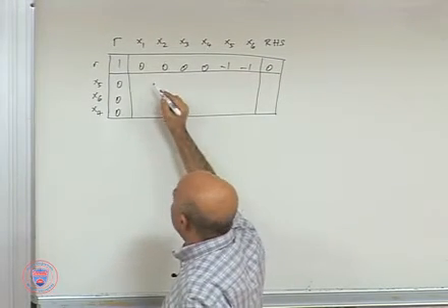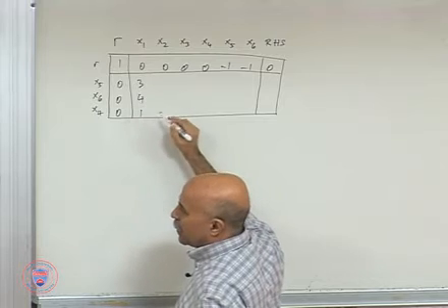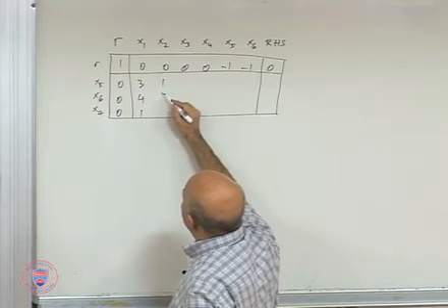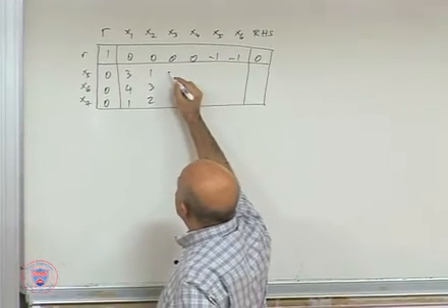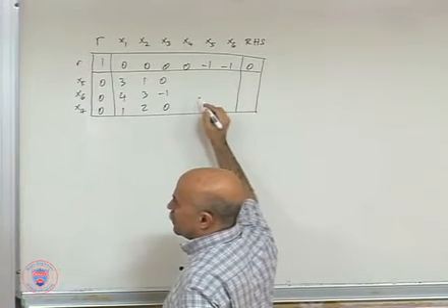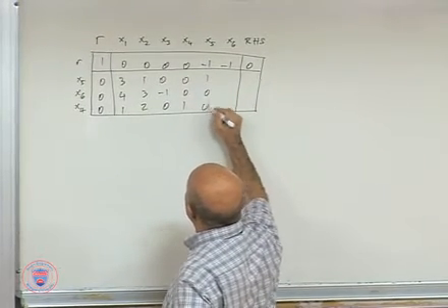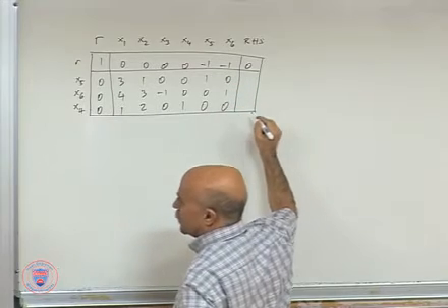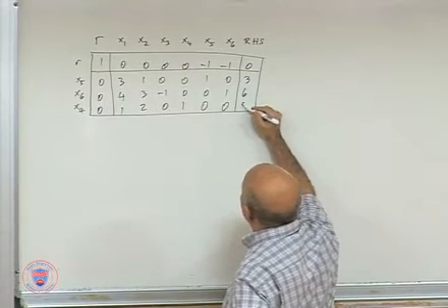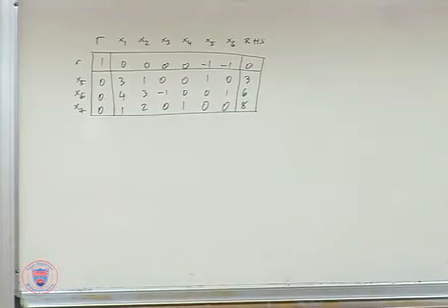And the other ones are 3, 4, 1, 1, 3, 2, 0, minus 1, 0, 0, 0, 1, 1, 0, 0, 0, 1, 0, 3, 6, 8. That's your set of equations.